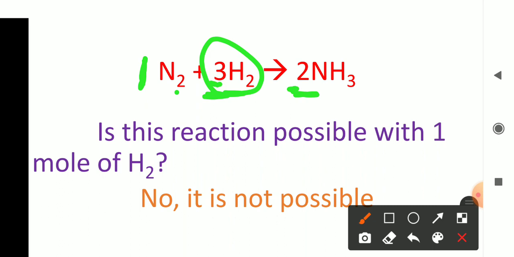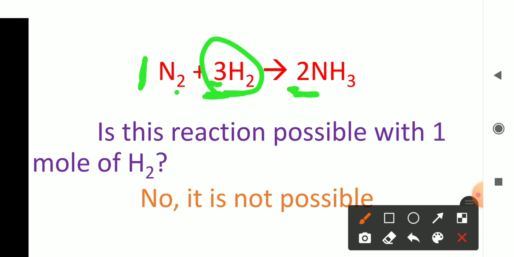The answer is no, it is not possible. Why is it not possible? Because in such a case we have a lesser amount of hydrogen. Because of possessing a lesser amount of hydrogen, the reaction is stopped. Is it clear, students? Because of possessing hydrogen in lower quantity, the reaction progress is stopped.